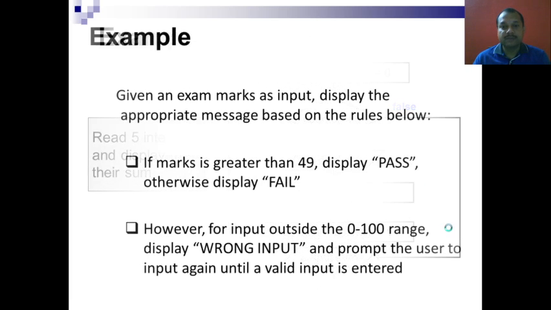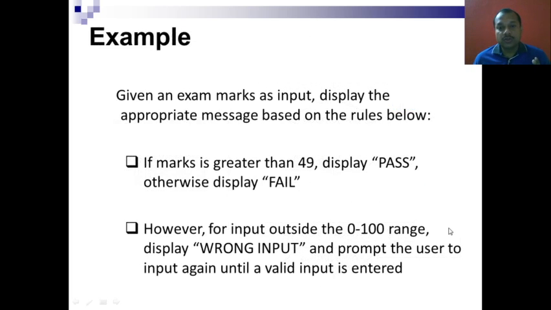In this case, with the marks, I do not know how many times a user can make a mistake. It may be the first chance where he will give the correct marks and then it's bingo. But if it is not the correct marks, then he can give some negatives, more than 100, etc. For those cases I will keep on looping, but how many times I do not know. So it is indefinite.